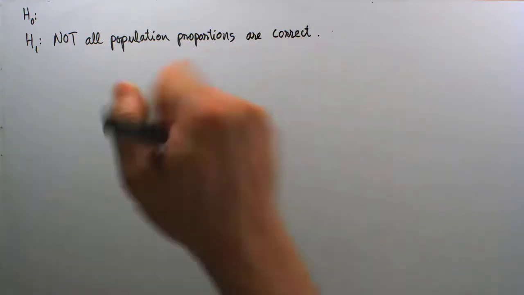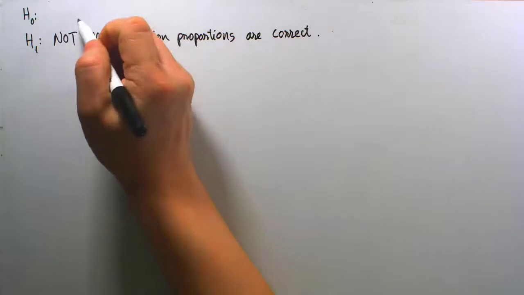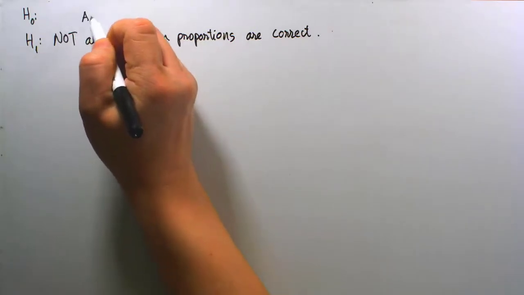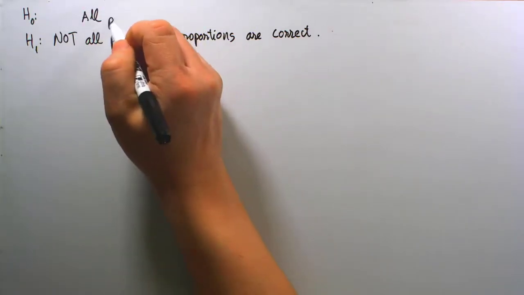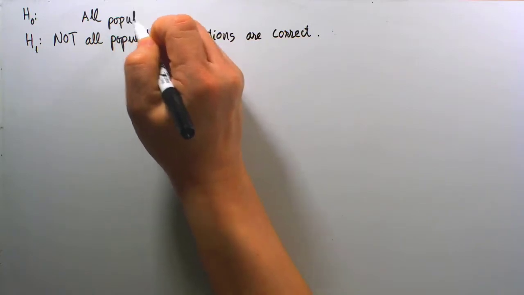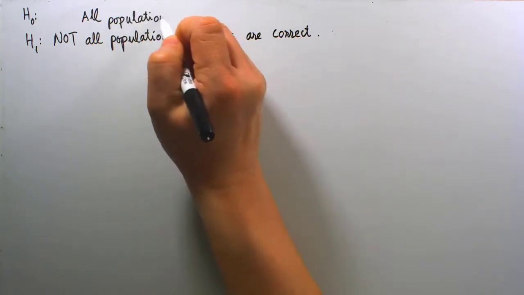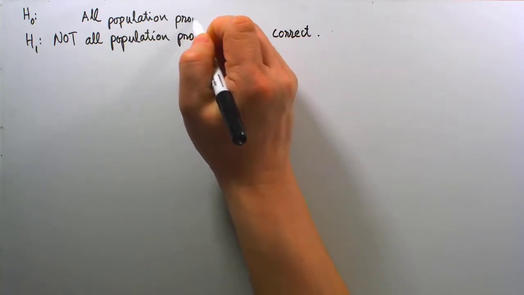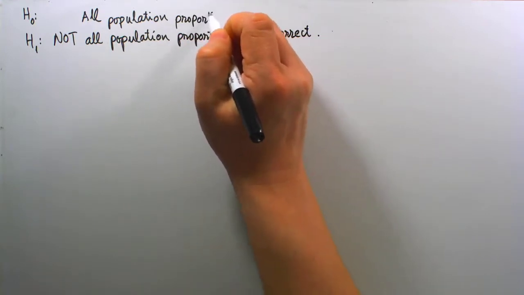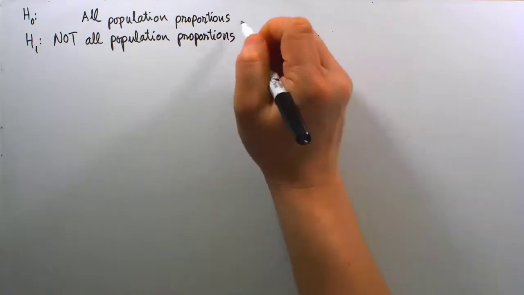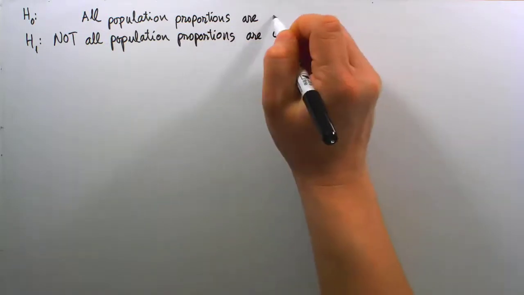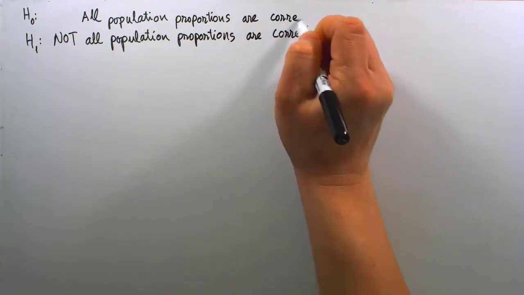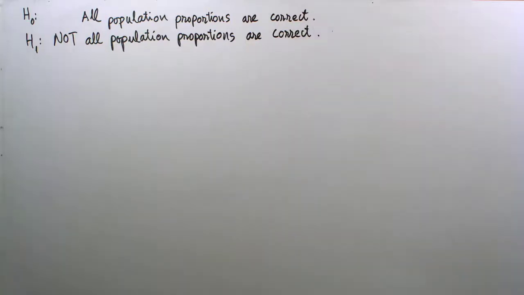But now if the alternative hypothesis H1 is stating this way, not all population proportions are correct, then H sub 0 must be saying all population proportions are correct.